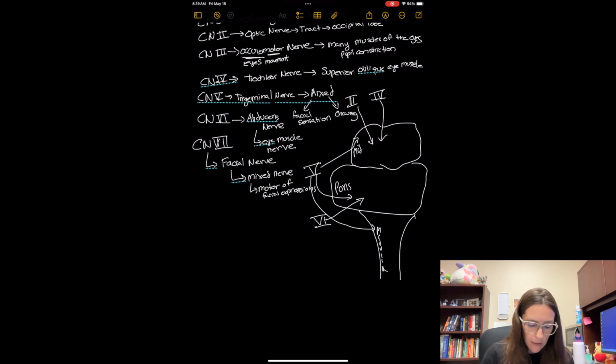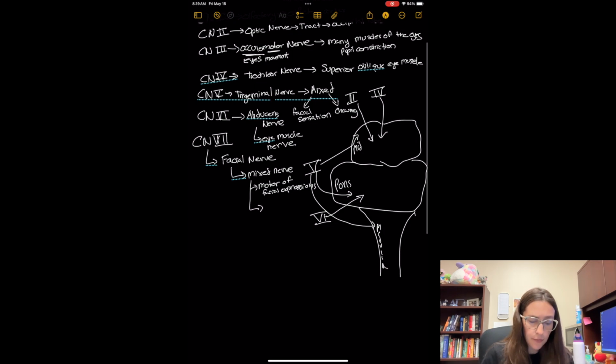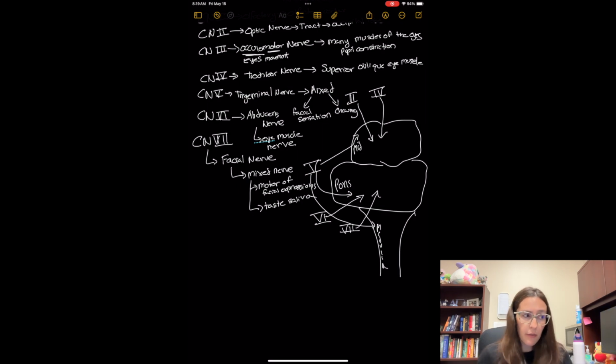Okay, so things like taste, saliva, and what have you. So it's also, interestingly, in the pons. Okay, so we have the facial nerve, even more so than the trigeminal nerve, is one of the ones that we actually experience a lot more numbing with at the dentist.